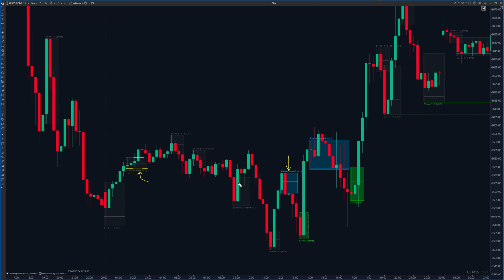And there's yet another mechanism based on price action, which makes it different to turn an order block into a breaker block. Not each order block turns into a breaker block, obviously. This one did turn. Why?